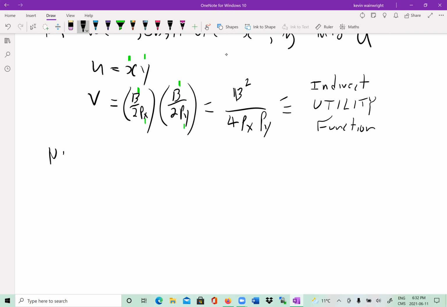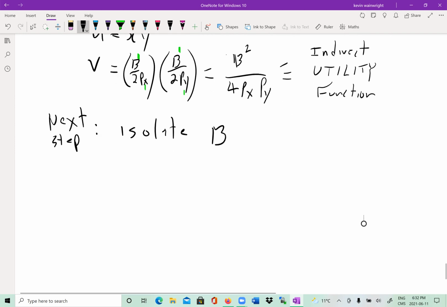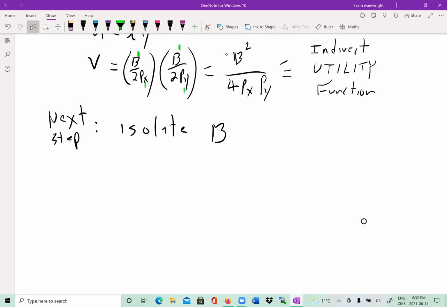Now, the next step: we're going to isolate B. So we know that the indirect utility V equals B squared over 4pxpy.